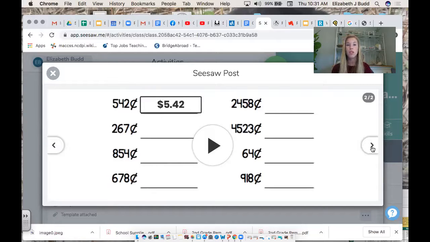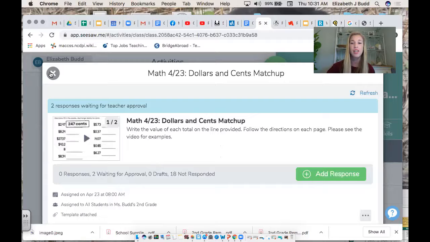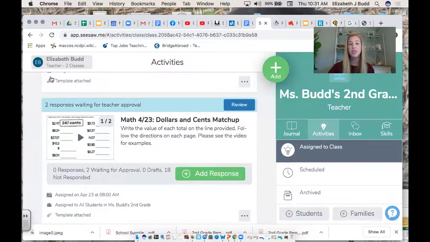If you need more instructions, you can click play on both of those pages, and both of those pages have their own instructions to help you understand them. Once you're done, click the green check, and I hope this is a really good practice for you to help you once again practice converting money from just cents to dollars and cents and then back the other way.